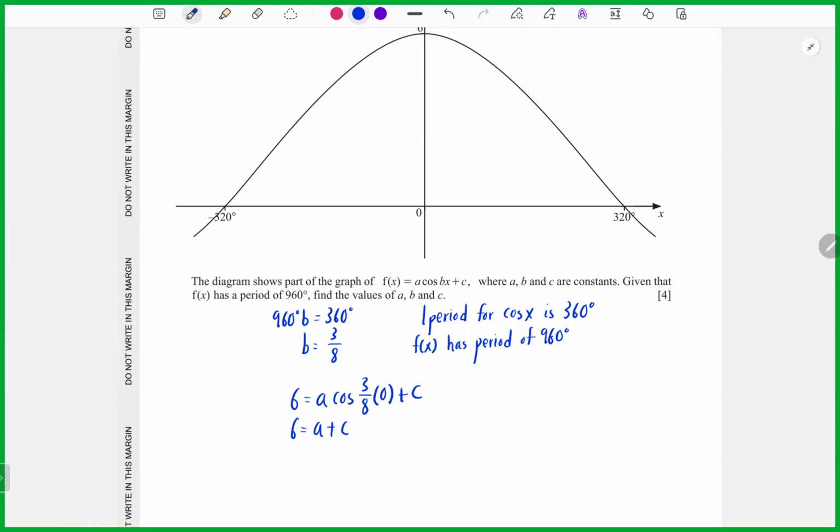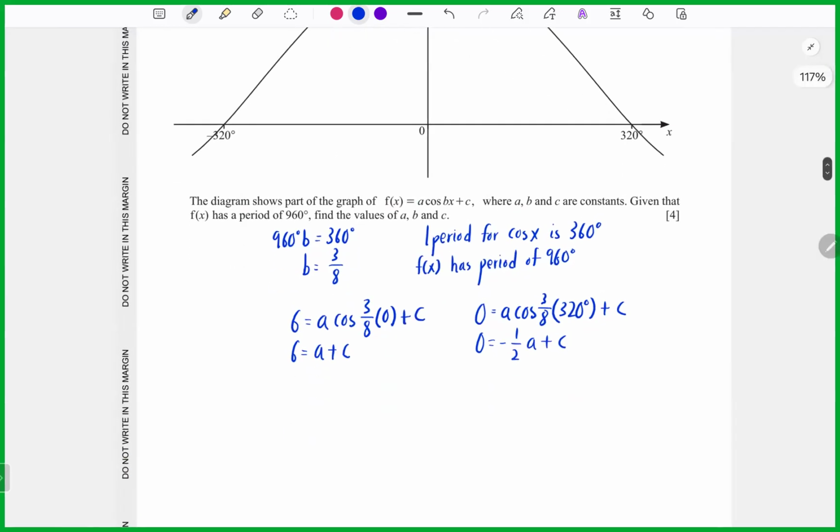Let's try another point. 0 equals a cos 3 over 8 times 320 degrees plus c. You get 0 equals negative 1 over 2 a plus c.